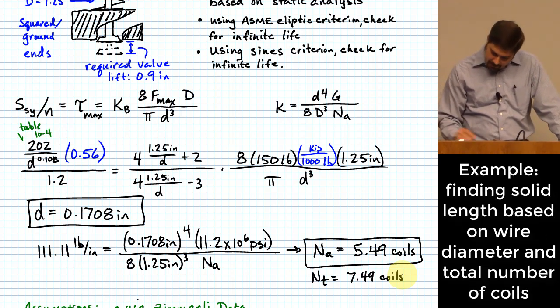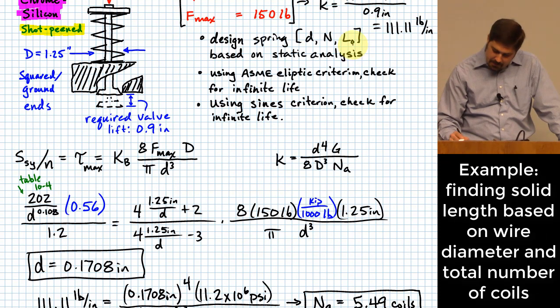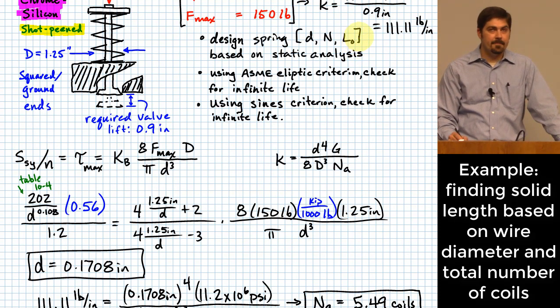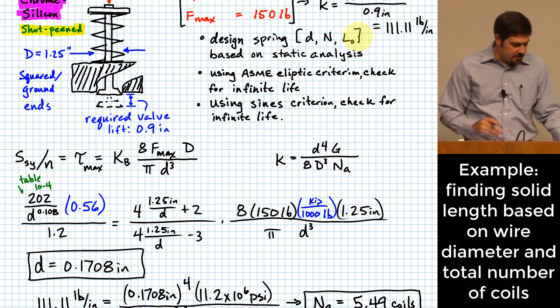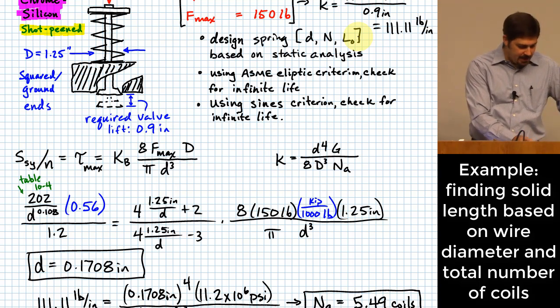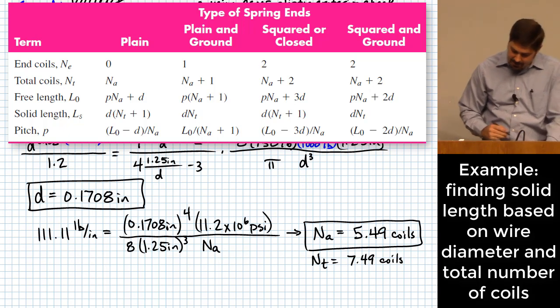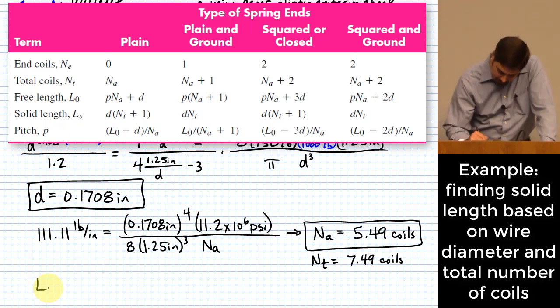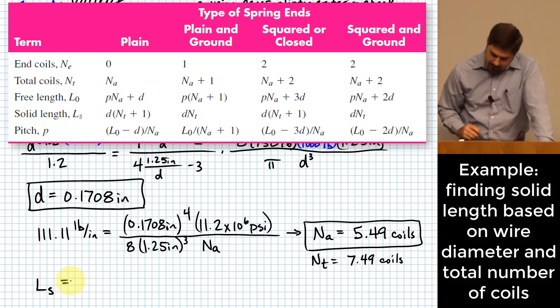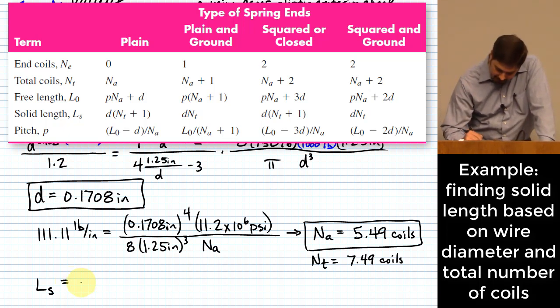All right, but the last thing that we need to know here is the free length, L sub 0. So to find L sub 0, let's go back to that table 10.1 in order to figure out what my solid length is. Solid length is just going to be equal to the wire diameter times the total number of coils.